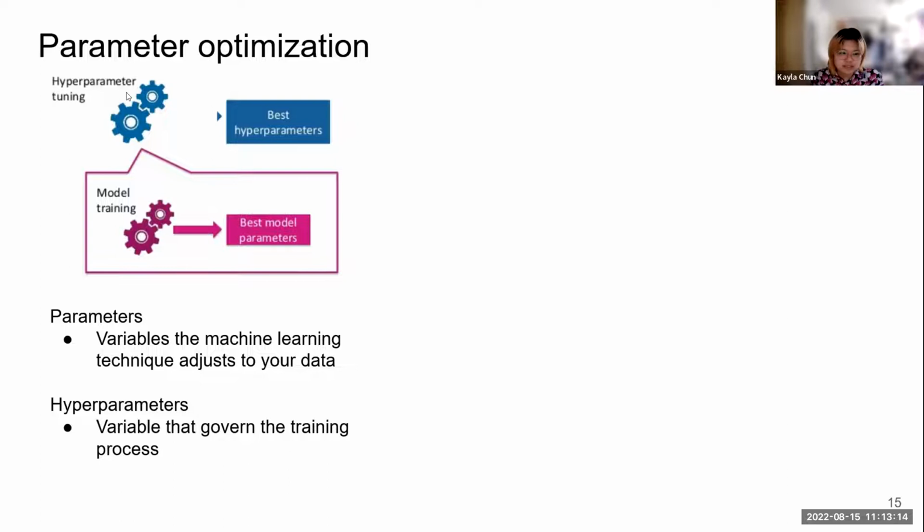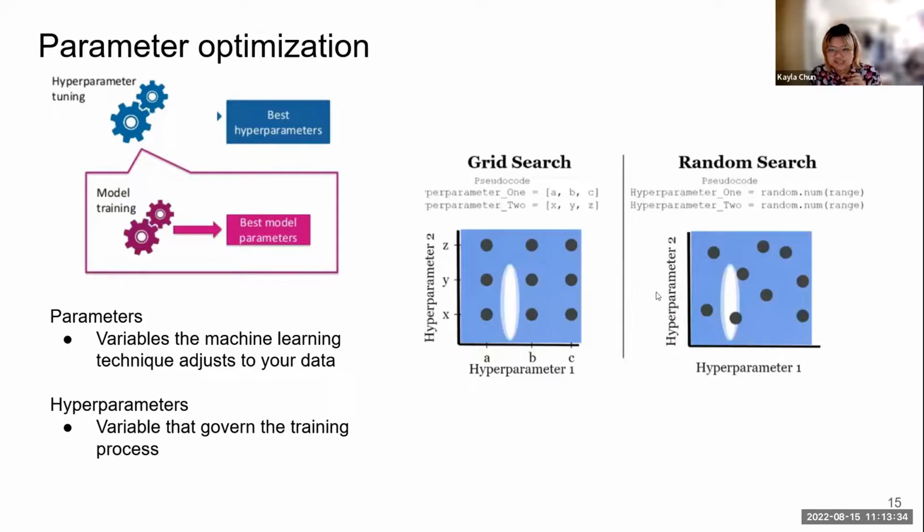Whereas the hyperparameters are the variables that govern the way the model trains, and these are the ones that we can manually adjust. You can manually go in there and test them, but a more efficient way is to do a search, specifically either a grid search or random search. A grid search is where you define a range for 2 separate parameters and test all of these combinations and see which one is the best.